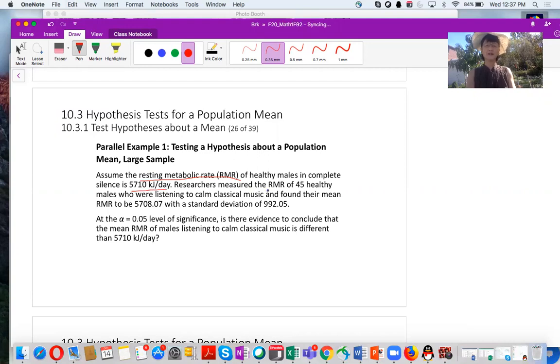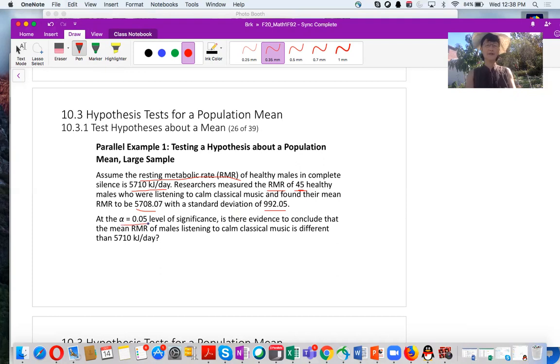Researchers measured the RMR of 45 healthy males who were listening to calm music and found their mean RMR to be 5,708.07 with a standard deviation of 992.05.